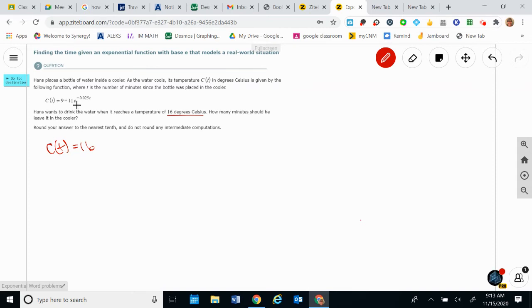You guys don't forget e is an actual number. So that's all we have to plug in because everything else is solved for. e is a number, and the only variable we have is t. So here we go: 16 is equal to 9 plus 11e to the negative 0.025t.